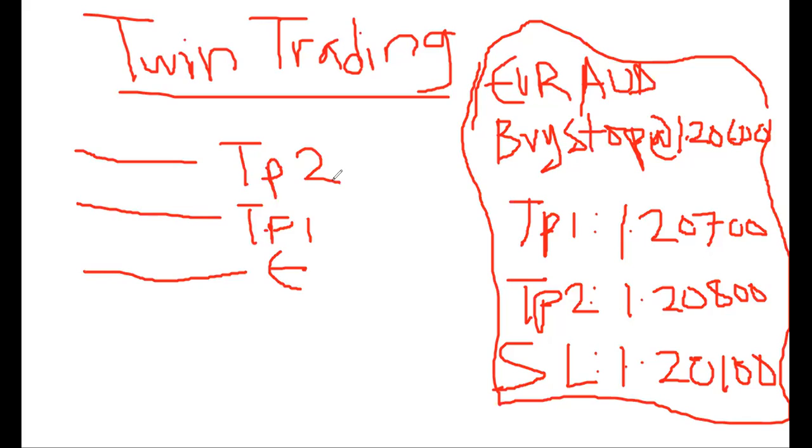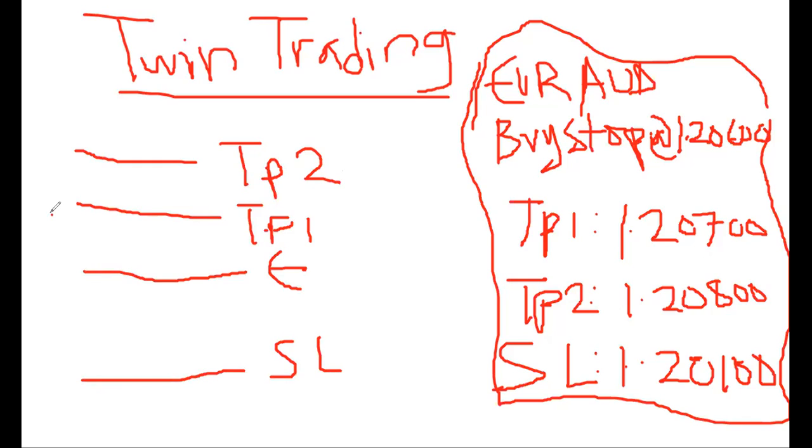If I do it like that, then I can make the base the stop loss. The base seems to be my stop loss. Then I can eventually come here and make this. Let's say this is my trade going on.